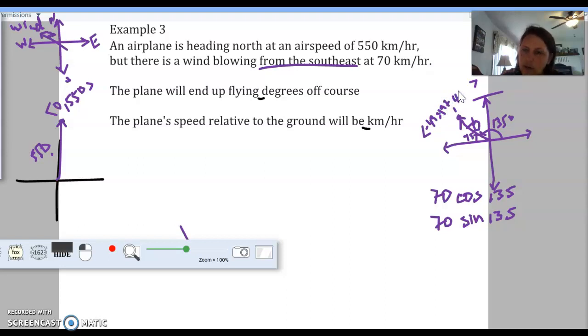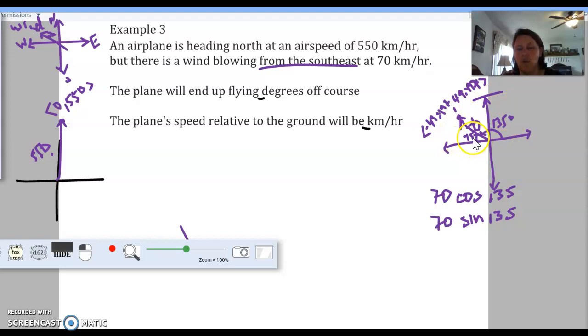These will most likely always be your same numbers. One is negative, one's positive, and 49.497. Okay, so that's our component form of our vector for just the wind.